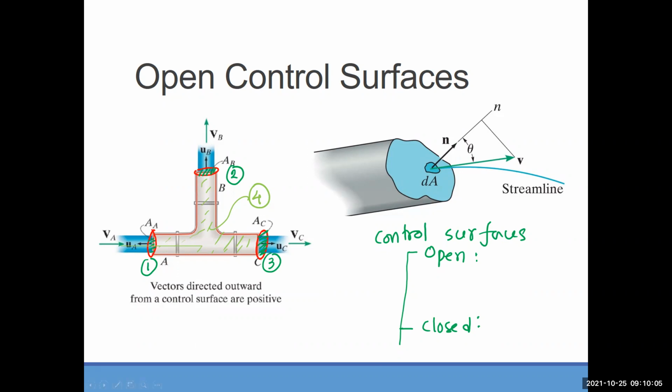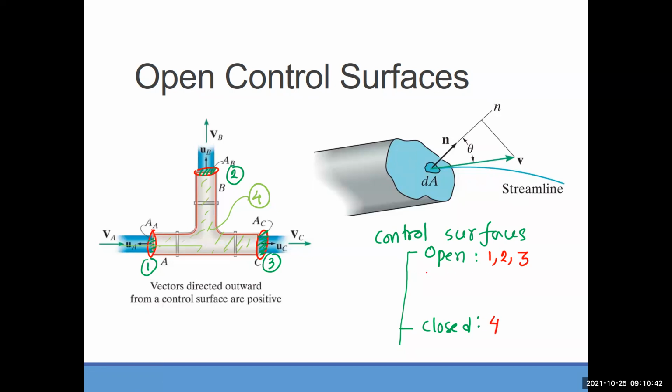From this picture you can see 1, 2, 3 have flows going through them, perpendicular to that surface, right? But surface 4 is just the surrounding one. Are you seeing any flow going in or out from surface number 4? There is nothing, right? So the open surfaces are 1, 2, 3, and the closed surface is 4.